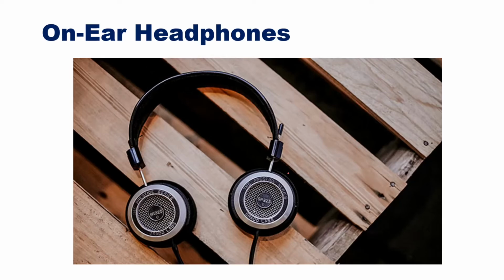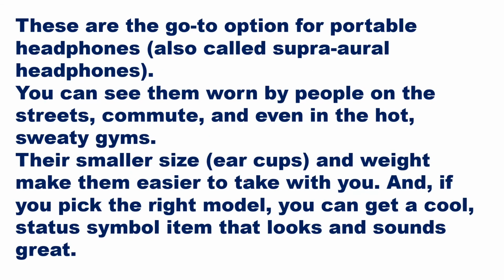The second one is on-ear headphones. So you can see these two sides which you are going to put on the ear. This will be on the ear, and this also will be on the ear. So each one will be on each ear, which is called on-ear headphones.